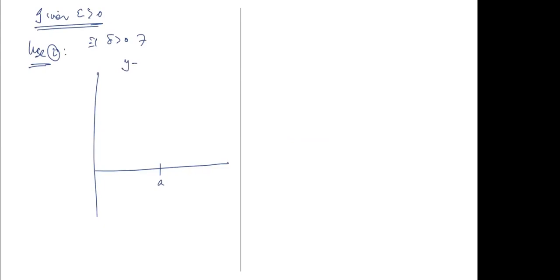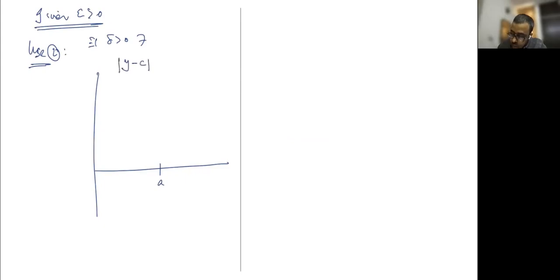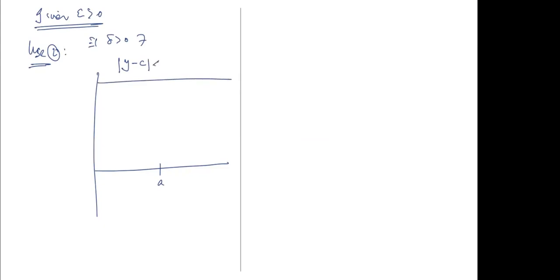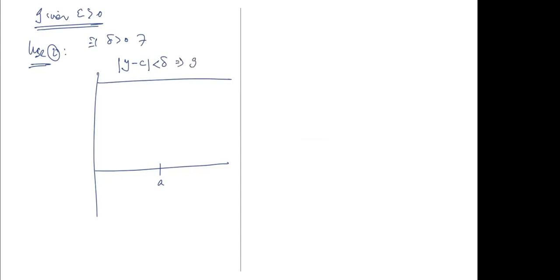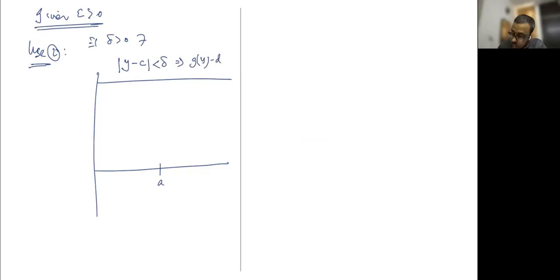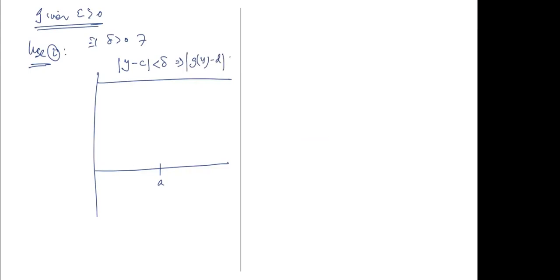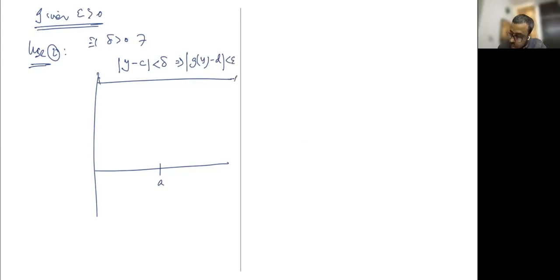Absolute value of y minus c less than delta implies absolute value of g(y) minus d is less than epsilon. Okay, just look at this statement carefully.